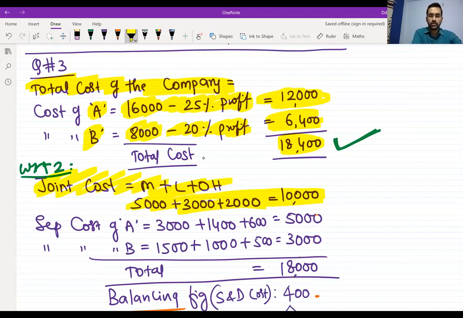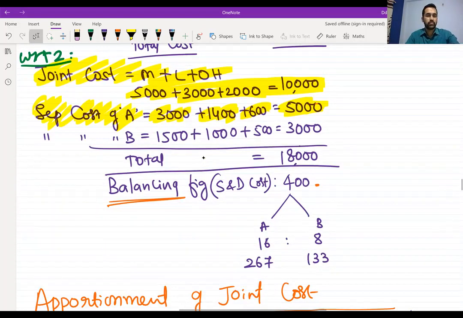Next, separate cost of A, again material, labor, overhead, all given in the question. 3,000, 1,400, 600, total 5,000. For B, same way, 1,500, 1,500, total comes to 3,000. If you add these numbers, 18,000.